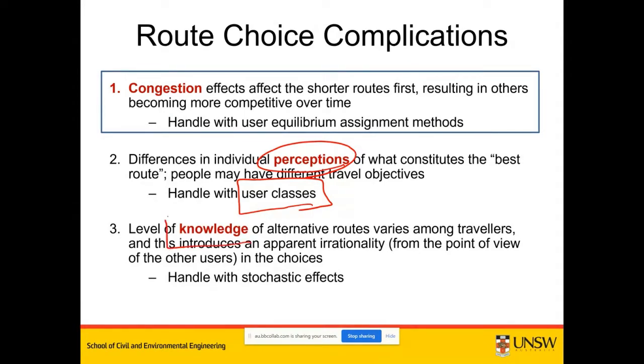There is another complication in route choice, and that relates to knowledge. One of the assumptions in user equilibrium is that we have full knowledge of the network, meaning that I know other routes, I have knowledge of alternative routes, and that is not true.